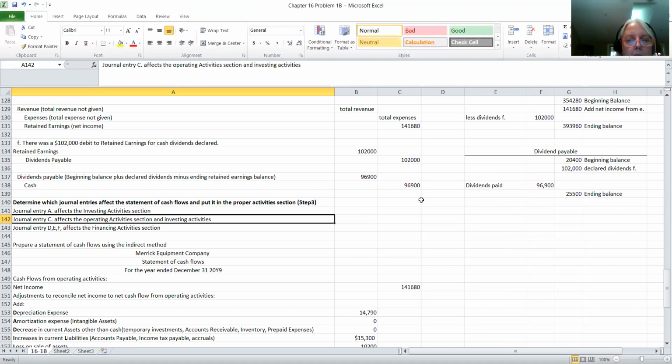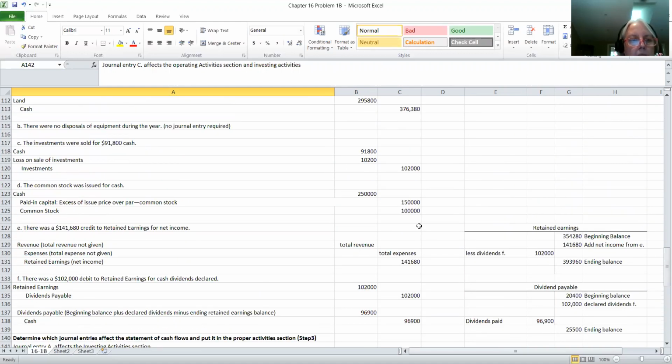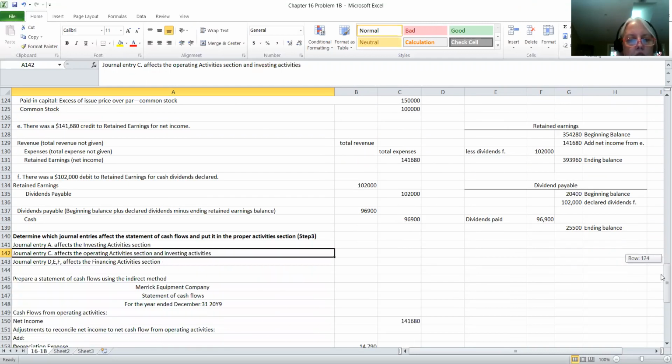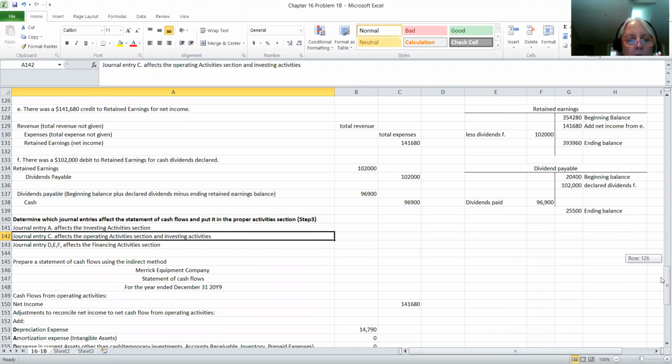The operating activities section would be affected by the loss on the sale of investments, and the investing activities section would be affected by the cash that we receive from the sale of the investments. We'll show you that in just a minute when we put together the statement of cash flows.